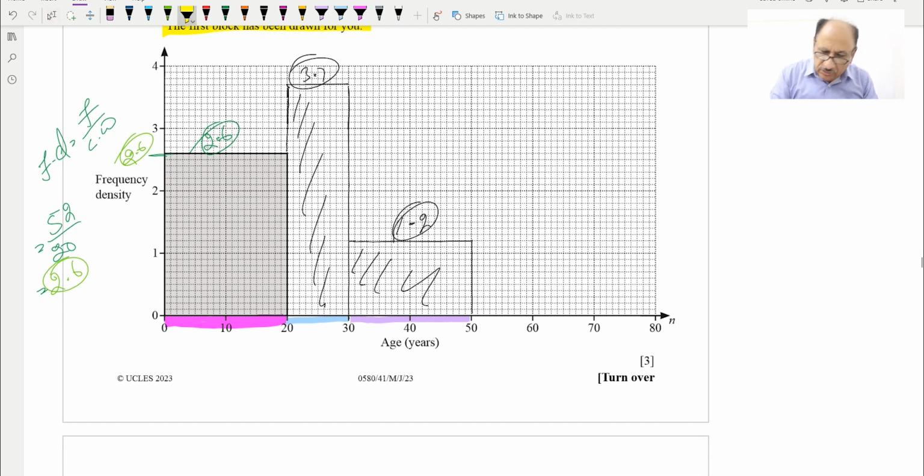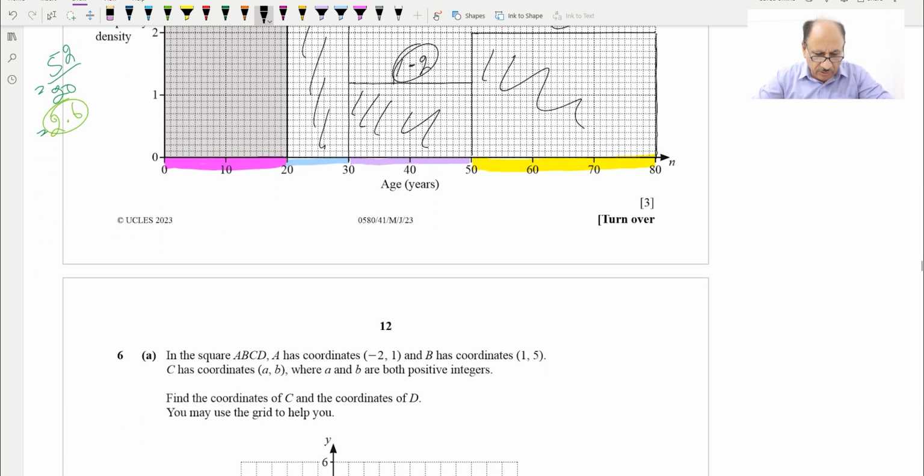So 50 to 80 will be this one, and height will be 2. So we can take the height up to this one, and from this side also we need to take 2, and this will complete our bar with height 2. Okay, this is also done.